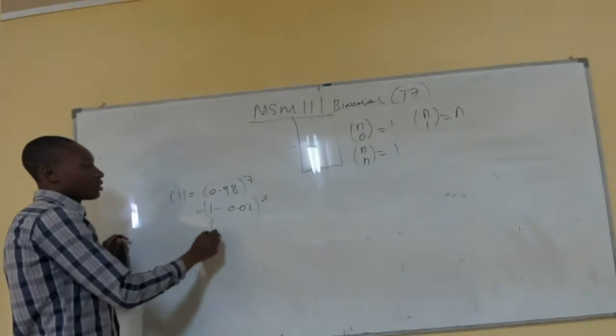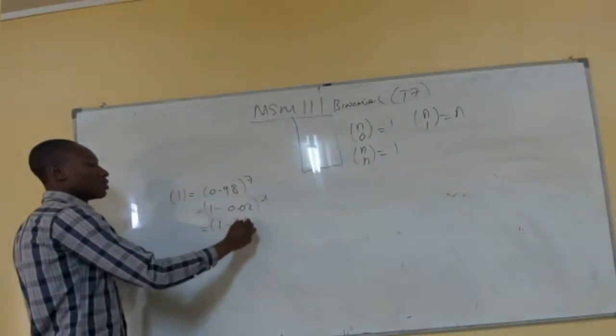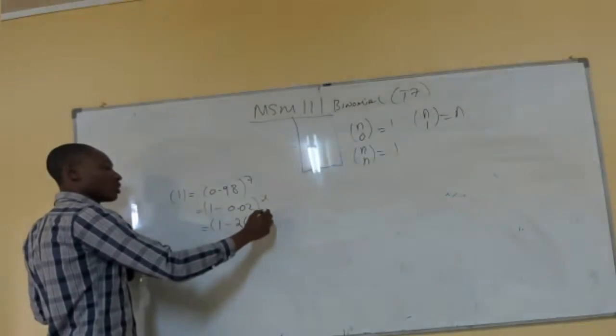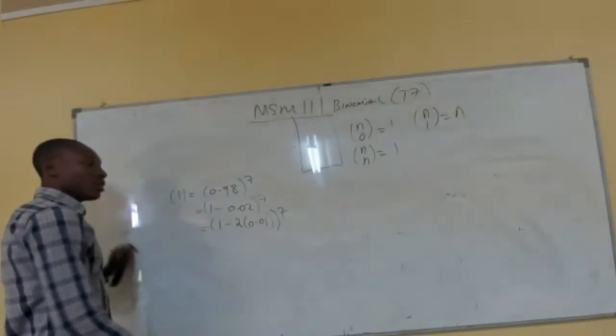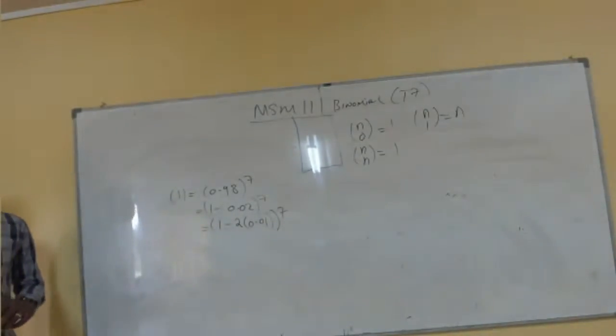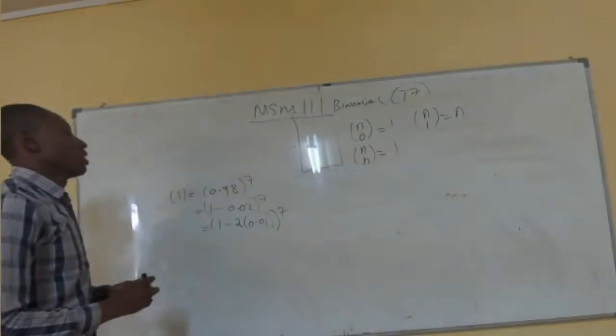So let's factor out the 2, so that we have 1 minus 2 times 0.01, to the power 7. So this is how it looks. I'm writing it like that so that you understand the exact value that we are dealing with. I need to make it look like something that you are familiar with.